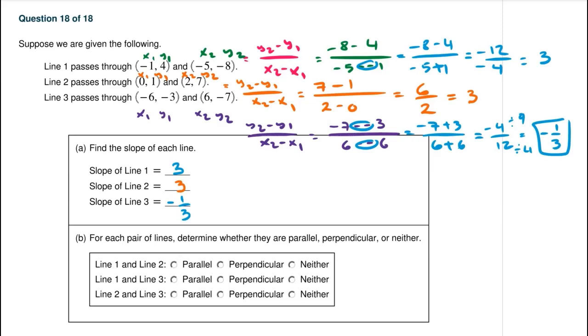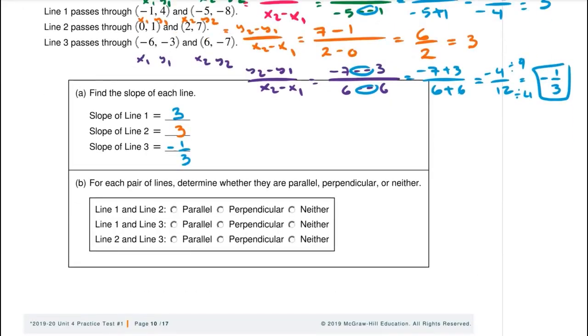Alright, for each pair of lines, determine whether they are parallel, perpendicular, or neither. As we see, parallel lines have the same slope because they follow the same pattern. So that means 1 and 2 are parallel. Okay, lines 1 and 3 do not have the same slope, so they are definitely not parallel.